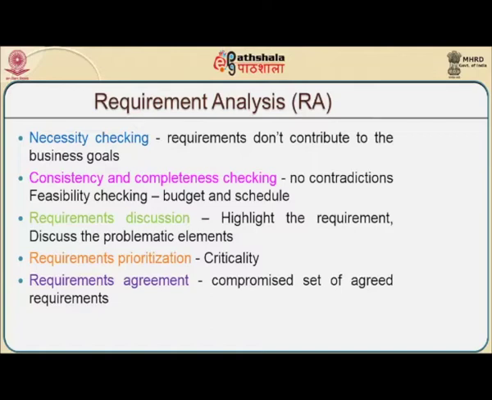So by consistency and completeness checking, the requirements are cross-checked. Consistency means that no requirement should be contradictory. Completeness means that no services or constraints which are needed have been missed out.